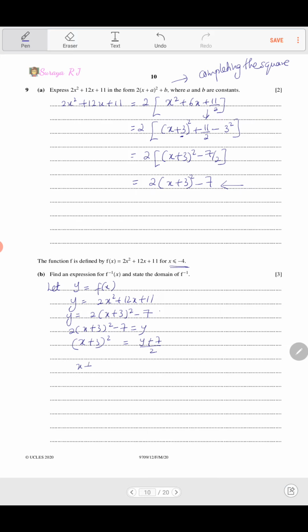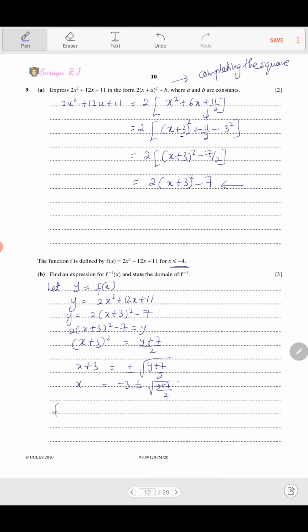And then x plus 3 is equal to, we take square root, plus or minus, and hence we have x as minus 3 plus or minus root of (y plus 7) over 2.